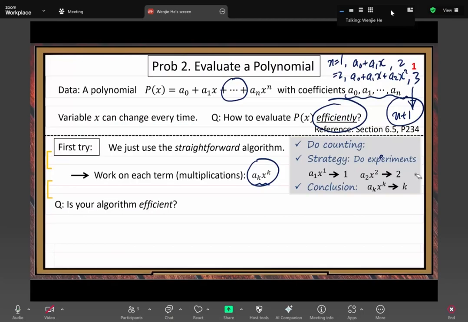So in order to answer this question, we need to get more information. That's the first thing.